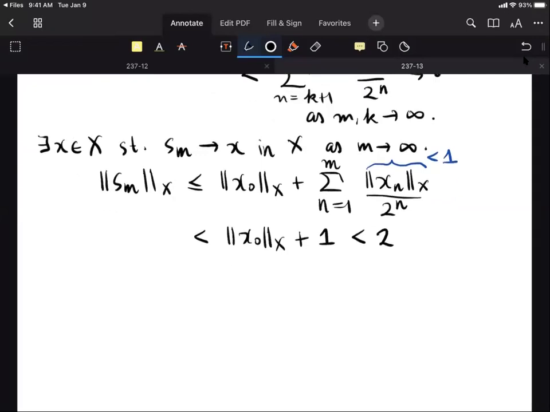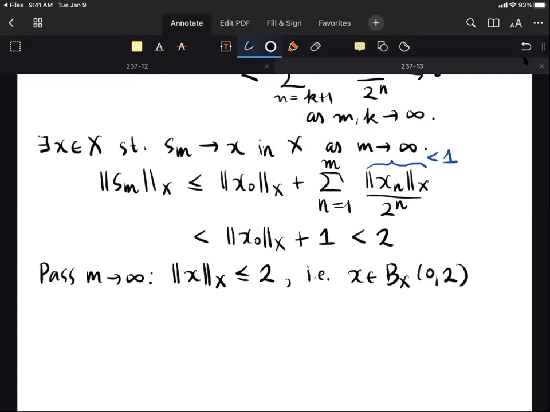So if we pass m to infinity here, what we have is that the norm of the limit, which is x, is less or equal to 2. In other words, x is in this ball. So the radius is now 2.